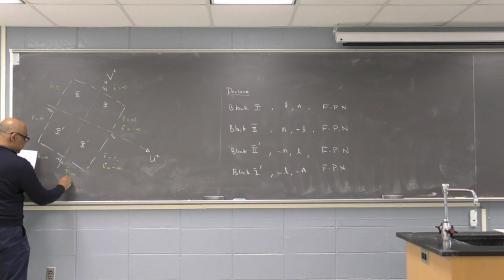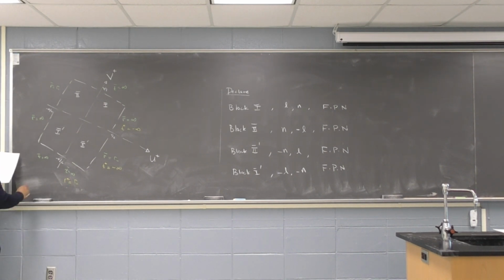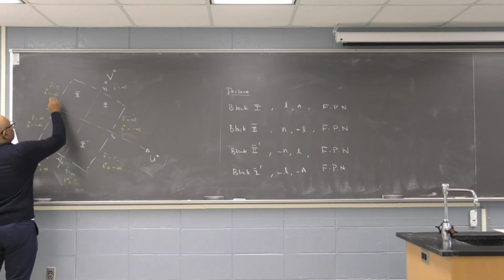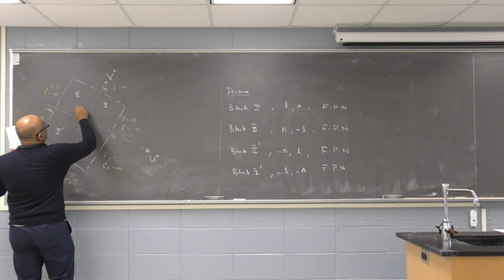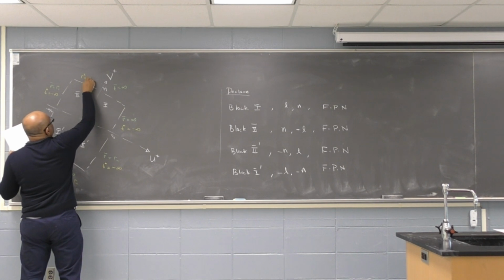I'll tell you what are some of the problems with this and what are the quick cure. R star equals infinity, T star equals minus infinity, T star equals minus infinity, this is R star equals R minus.